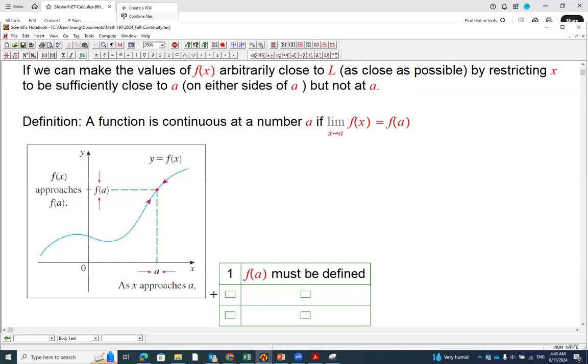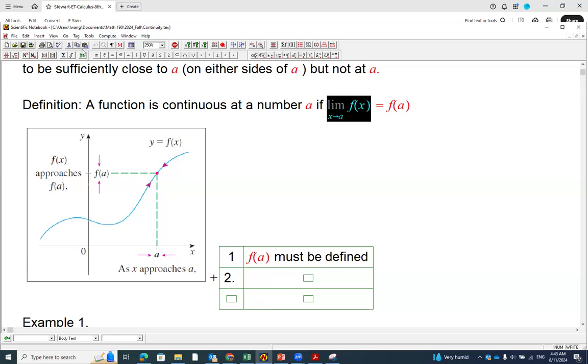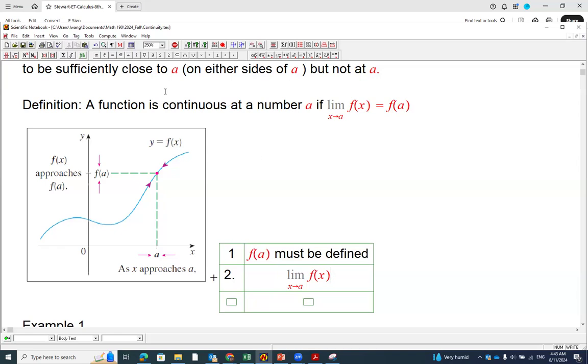The second says the limit must exist. What does it mean for a limit to exist? We have studied that the limit exists if the limit from the left is equal to the limit from the right.